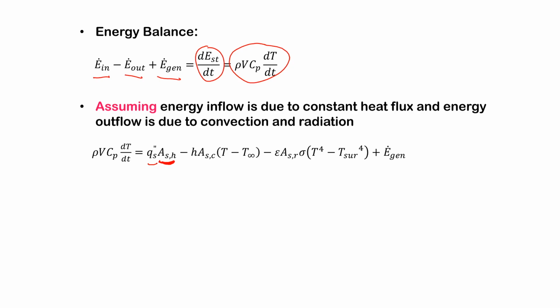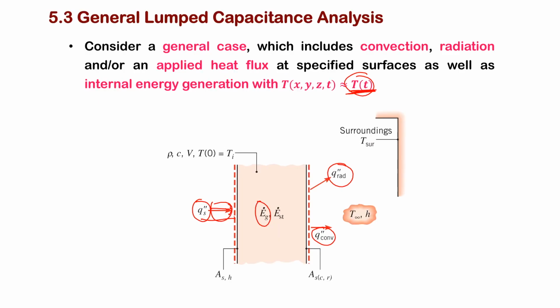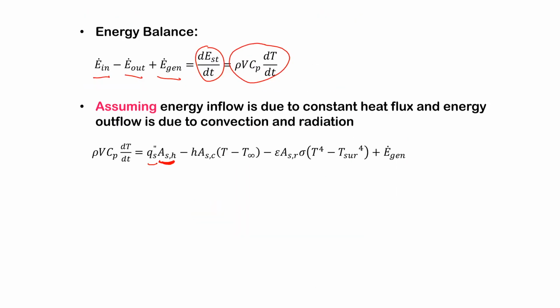And then we have convection that is leaving the system. Let's say the surface area that corresponds to that side is A sub C, the convection area. This is the constant heat flux area. So we have convection coming out from the surface on the right hand side.